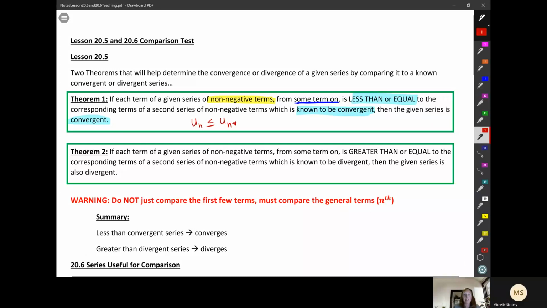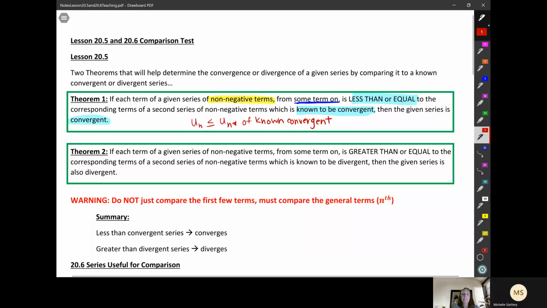So the given series u sub n is less than or equal to some known series, which is u sub n star, then we would be able to say that the given series is convergent. Okay, so u sub n of our given series is less than or equal to u sub n star of a known convergent series. Then we can determine our series is convergent.